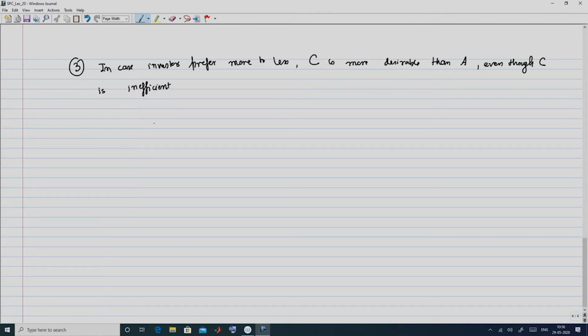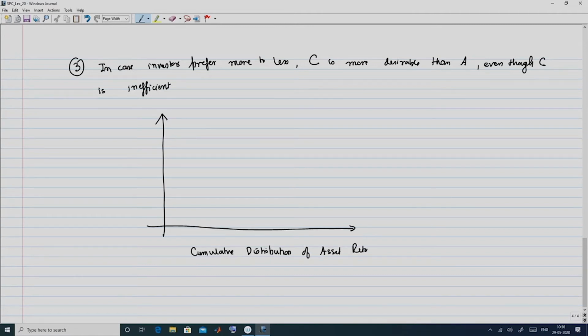All right. So, now let us look at what is going to be the cumulative distribution of asset returns for each case. So, remember that A is uniformly distributed in the range minus 10 to 20, B is uniformly distributed in the range 0 to 40, and C is uniformly distributed in the range minus 5 to 45.